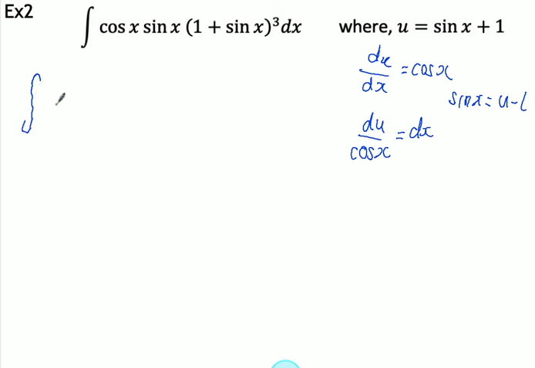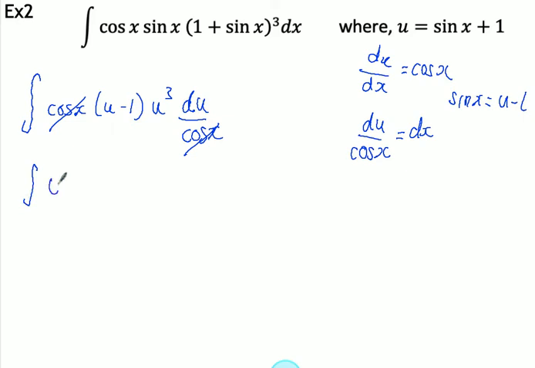So cos x, there's no way of writing cos x at the moment. Sin x was u subtract 1. 1 plus sin x is u, and dx is du over cos x. Lovely. Cancels out. So that's left us with the integral of u to the power 4 subtract u cubed with respect to u.